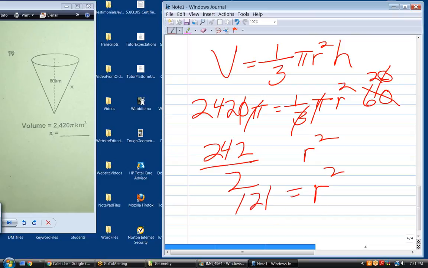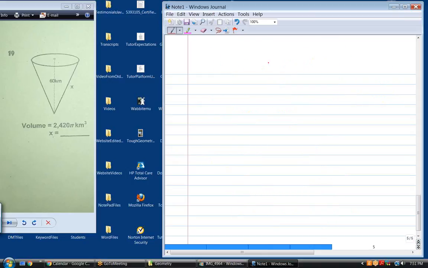What's r equal? Square root of 121? 11. So now we're looking at a triangle from the side view, where this is 60, this is 11 that we just solved for. What's x equal to?